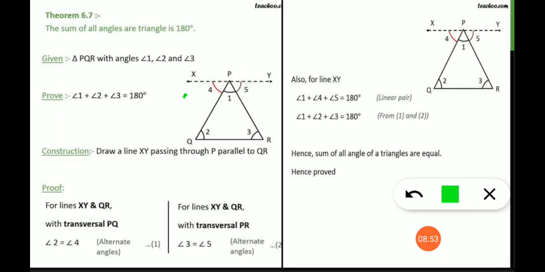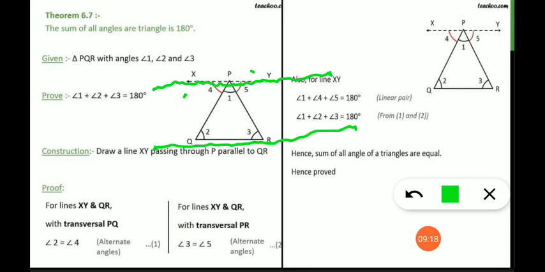Because it is not given, we are doing the construction, so we will use the dotted line. Hence XY, we have constructed, drawing XY passing through P and parallel to QR. Got it?